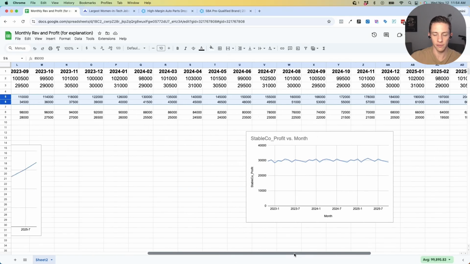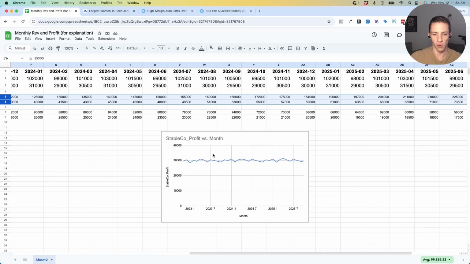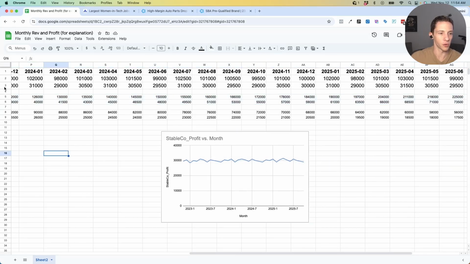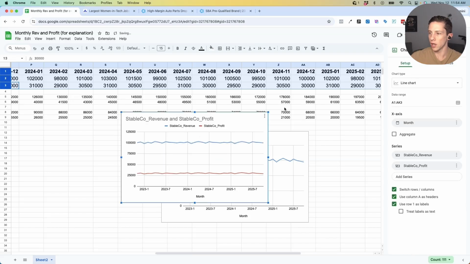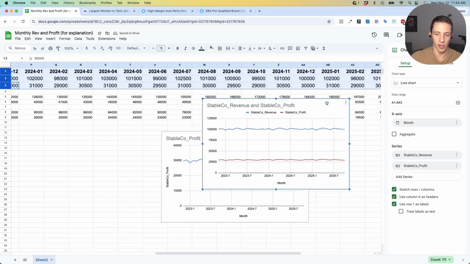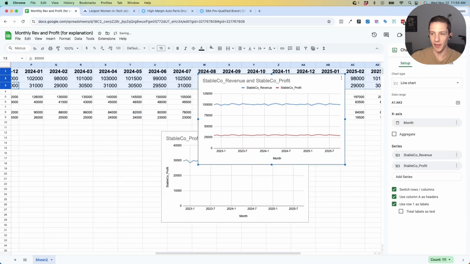Make a chart of the revenue and profit. In this case, I've just got profit on there, but here we can spin up another one real quick, just for talking purposes, and right here it is. Basically a straight line.